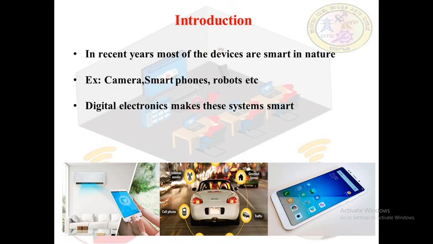As a simple example, when we take a washing machine which can adjust its own water level, the temperature of water, the required quantity of detergent, etc., all these decision variables are taken by the control system. Of course, the control system needs input from the sensors, the water level sensor, the water temperature sensor, etc. These signals are analogous in nature.